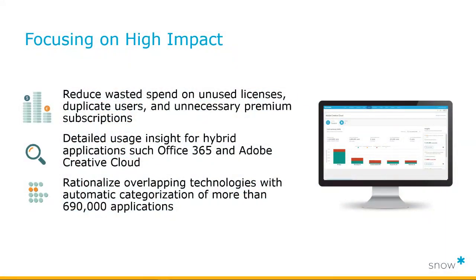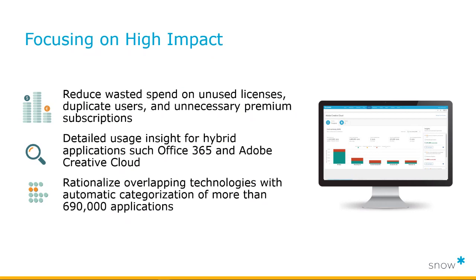And just to quickly go into the next level as well, from how Spend Optimizer does what it does. These are some of the key areas where Spend Optimizer can really implement the capability. So Snow can cover all the applications, but with specific focus on expensive premium subscriptions.